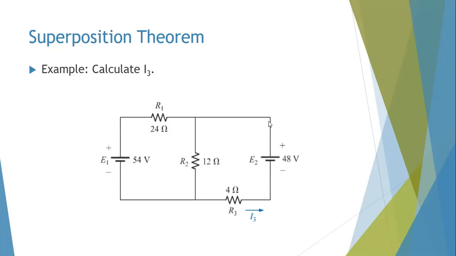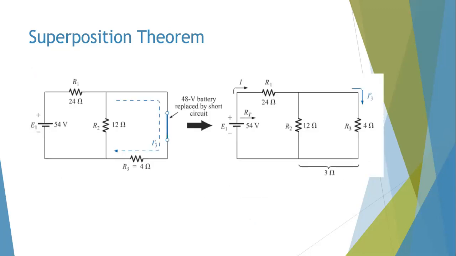Again, it's a simple question of finding the current which is splitting into 2 and then joining back here. Since the current is splitting into 2 paths, these 2 are in parallel. So you can replace these by one resistor and then simply find the total current. Let's see how the steps work out now.